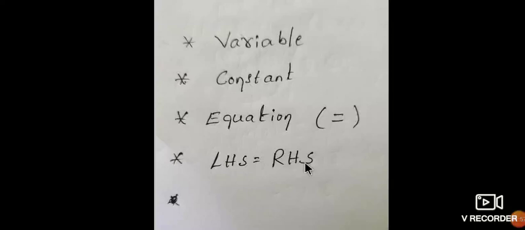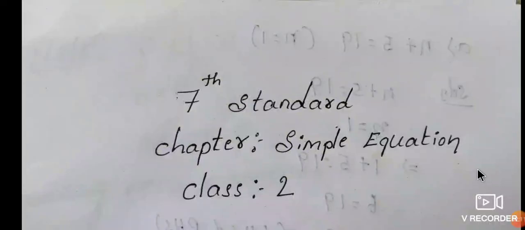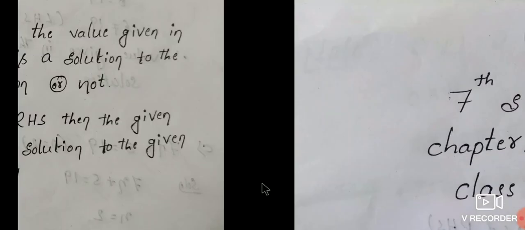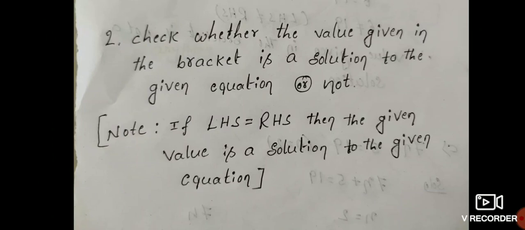In that one, first one, complete the last column of the table by substituting the value of given variables. Now we shall move on to the second one, in simple equations class.